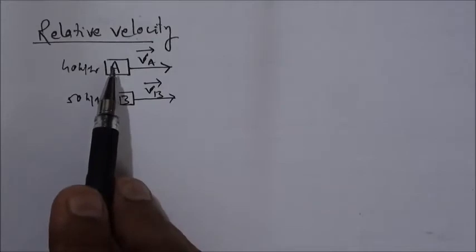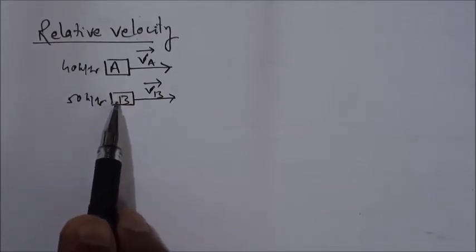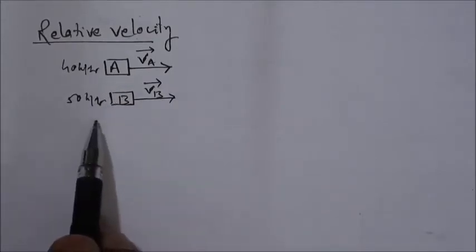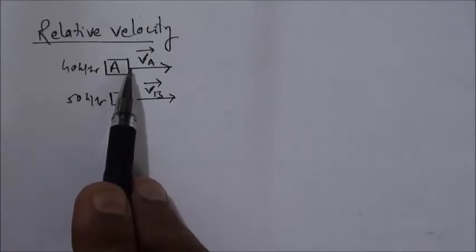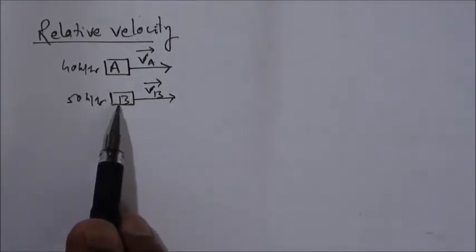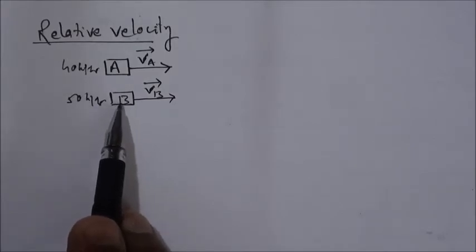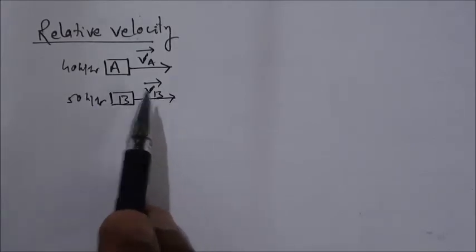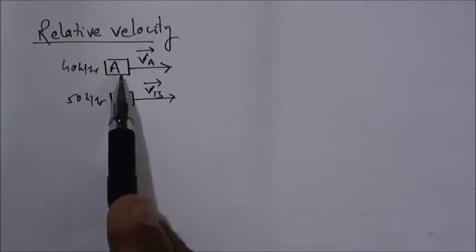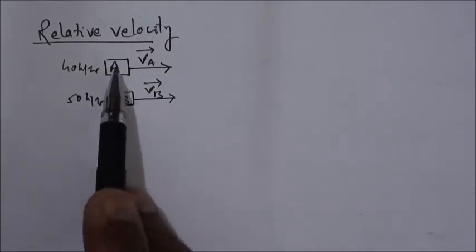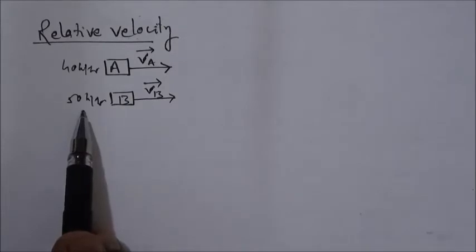If you are sitting in this car, this is moving forward, so you are actually moving backward with respect to this. And if you are in this car, you appear to move in forward direction with respect to this, but with a different speed, not 50.